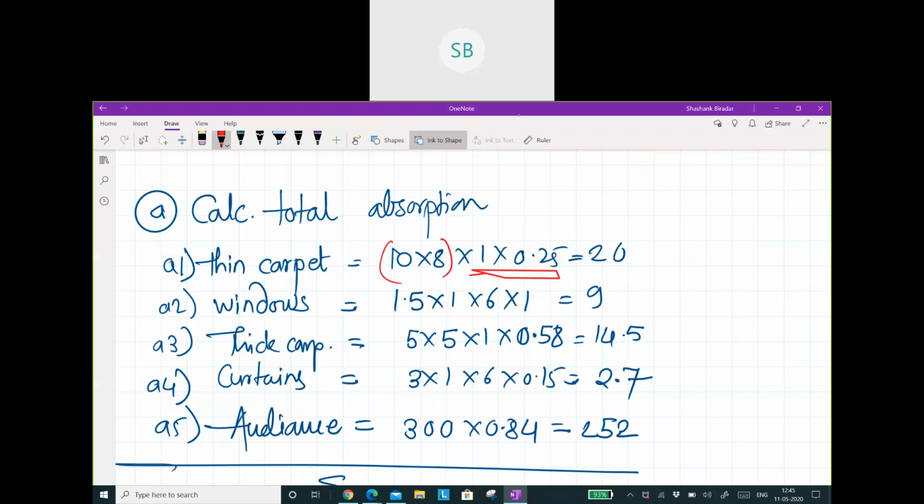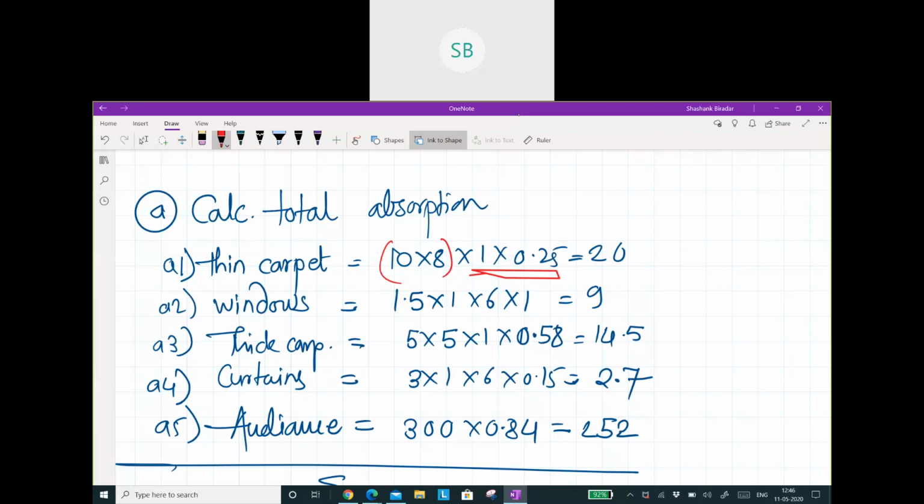So you need to multiply these factors: the count, meaning the total number, with the dimension and with the absorption coefficient. So here 10 multiplied by 8, multiplied by 0.25, means one quarter of 80 is 20.